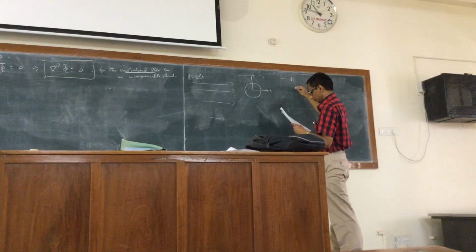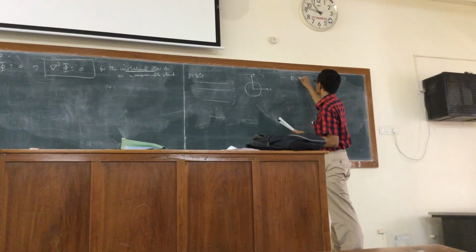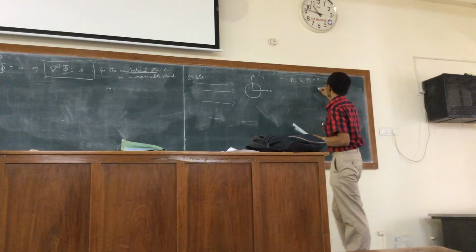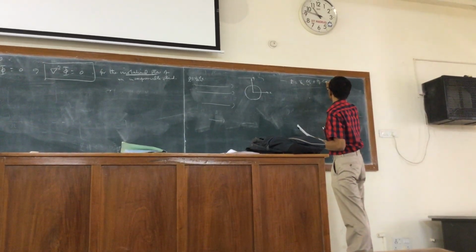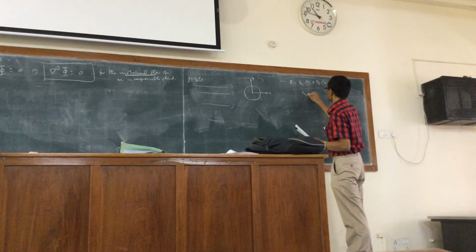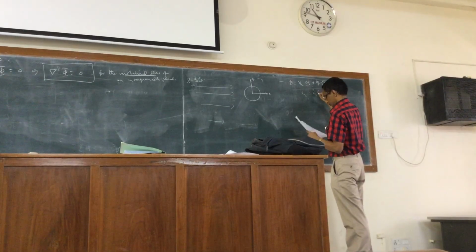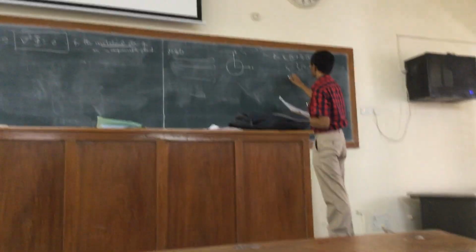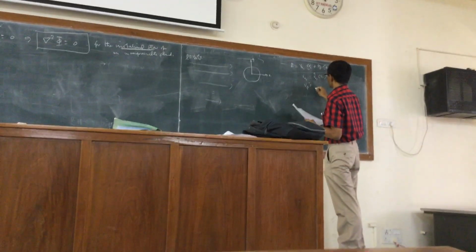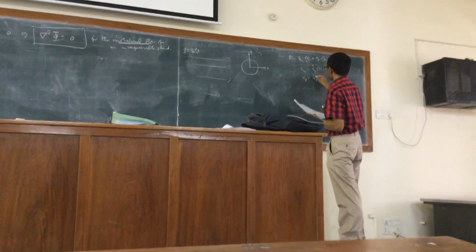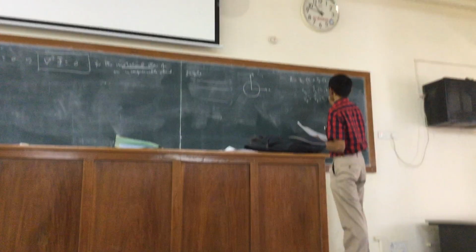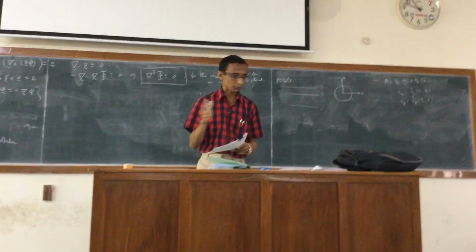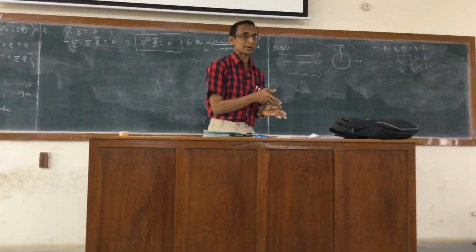And we will now consider the special case where v is equal to v_r e_r plus v_phi e_phi, and both v_r and v_phi are dependent only on r and theta. The interesting thing about this is that it can also be treated using the stream function approach, and that's what one of the assignments asks you to do.